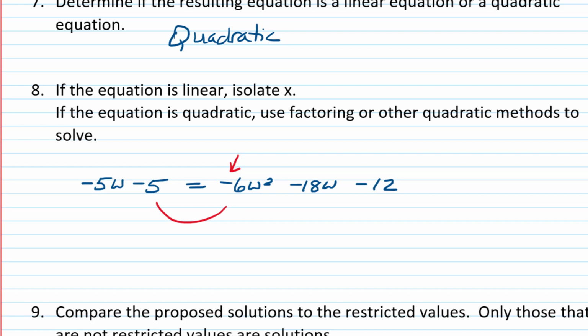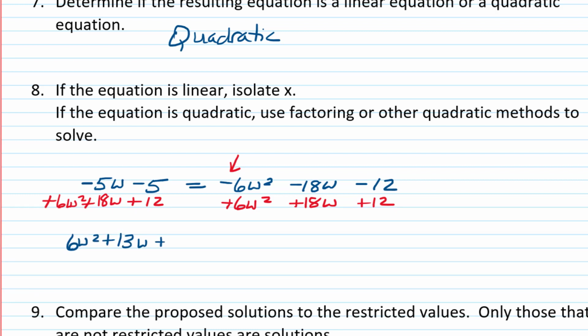I'm going to do this by adding 6w squared to both sides, adding 18w to both sides, and adding 12 to both sides. The result on the left side will be 6w squared plus 13w plus 7. And on the right, all of the terms add up to zeros. So now we have standard form.